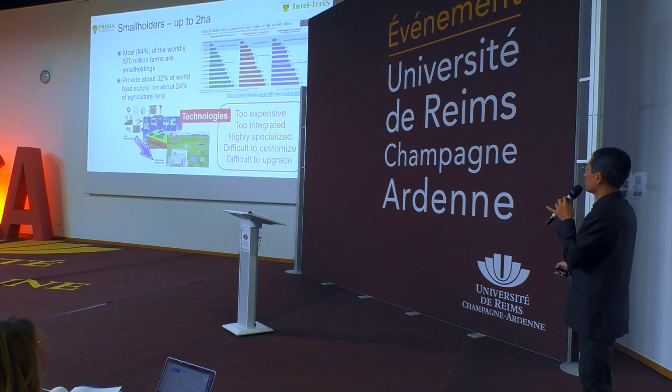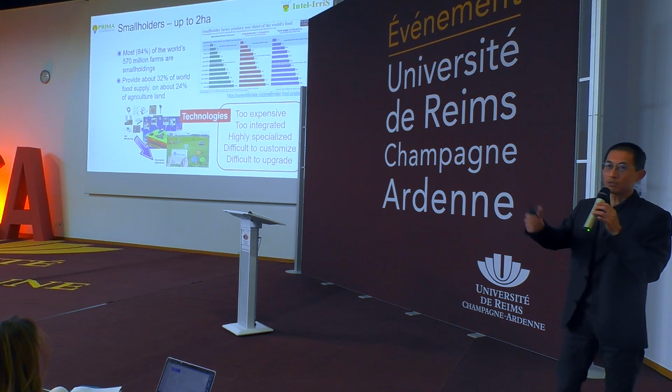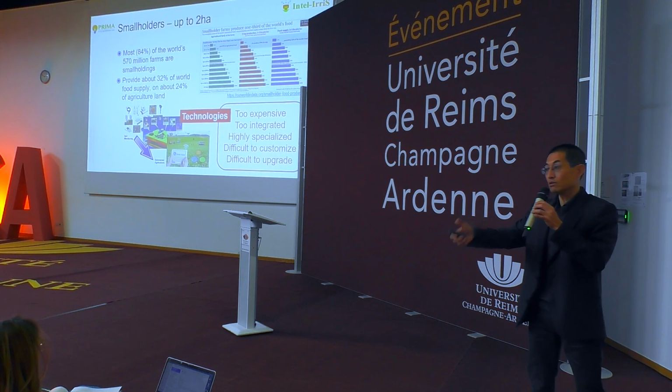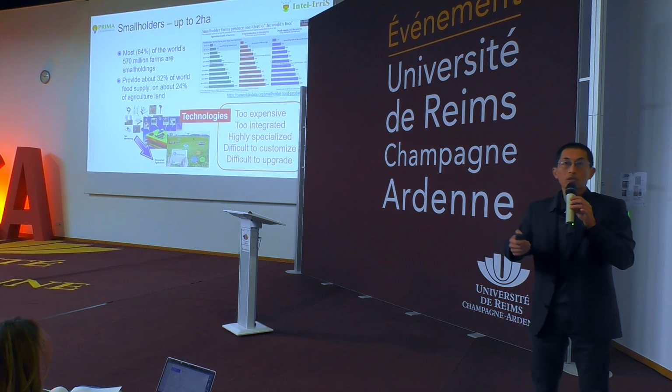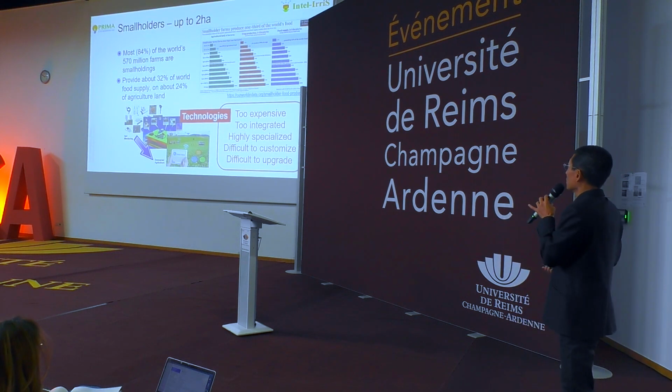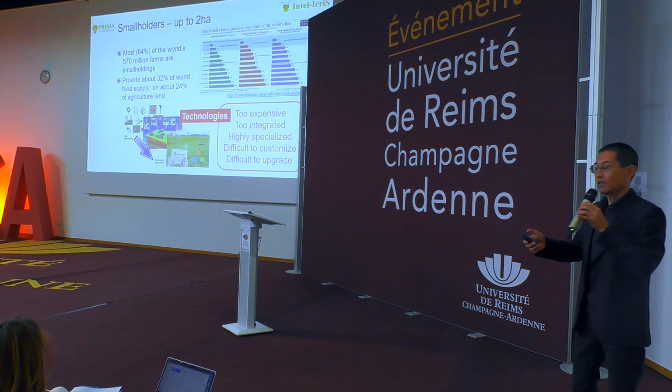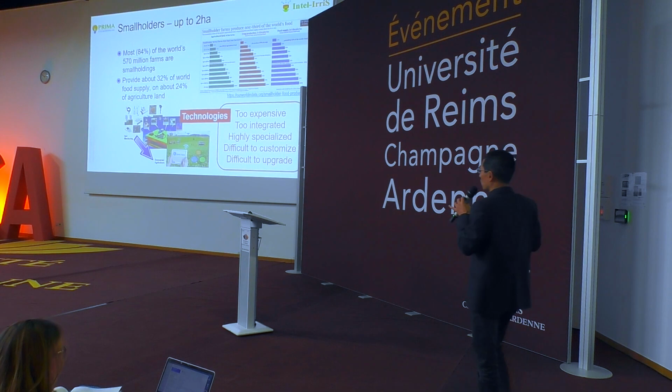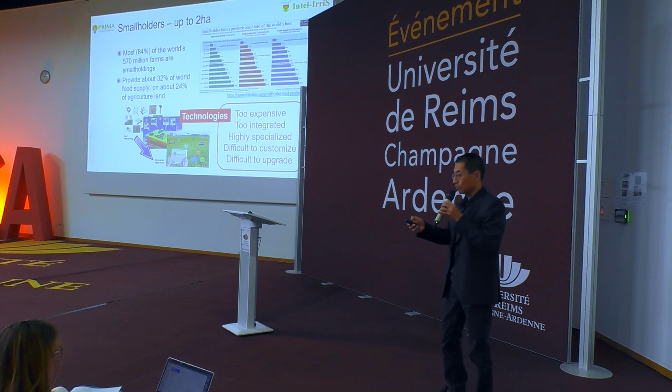They are highly specialized, because if you have a robot or even a sensor to do something, it will not be able to do something else. So they are difficult to customize and difficult to upgrade. There are a lot of technology barriers that make these very fancy technologies very difficult to apply in these smallholder communities.